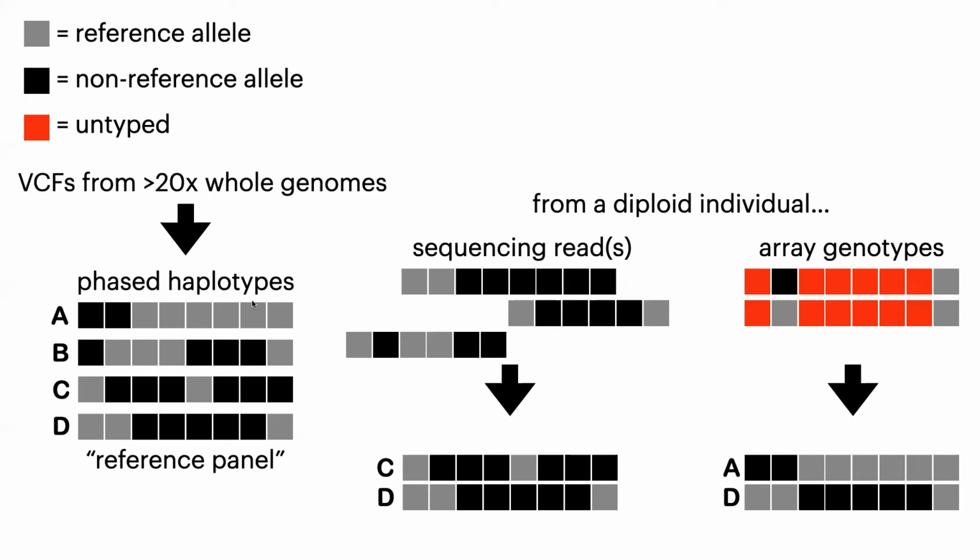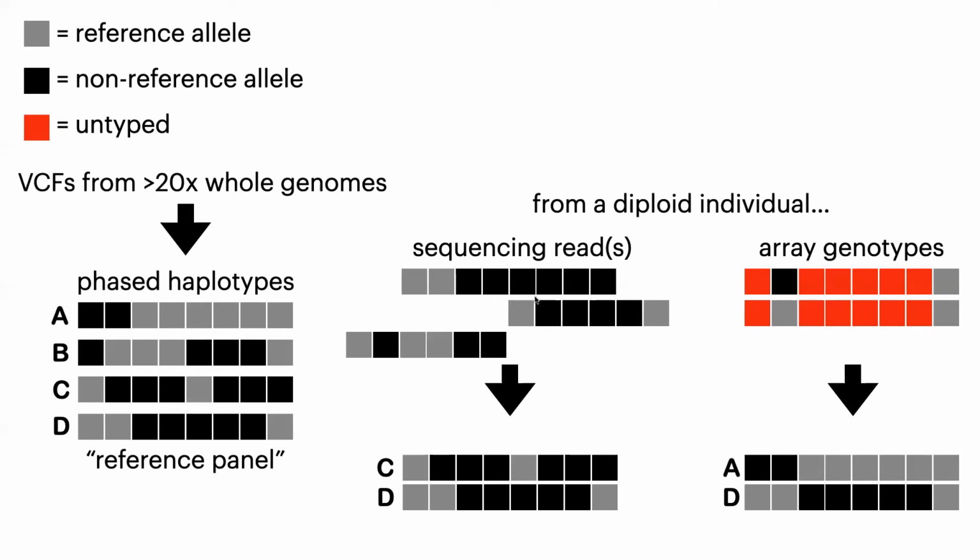This is a small example because sequencing reads are much longer than this. But when you're taking samples from a diploid individual and going the path of low coverage sequencing or array genotyping, with sequencing reads, you're getting reads that overlap with the region of interest. And you are inferring which haplotypes the individual likely has based on observations in those reads.